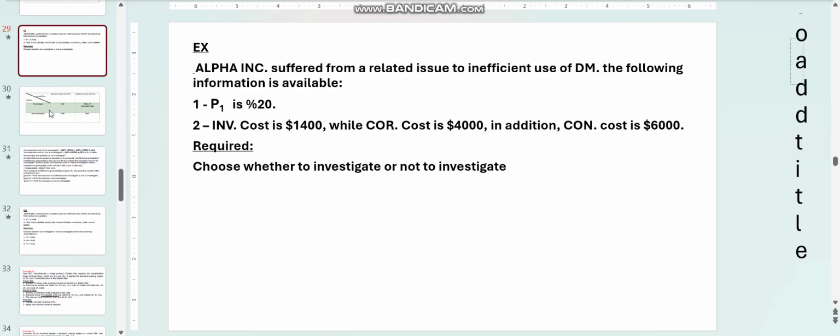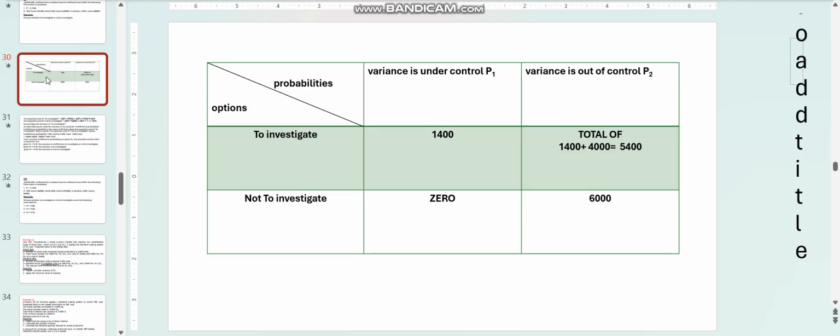Now let's see. First, you should prepare the matrix or the table of the decision. So, as previously stated, if you decide to investigate while variance is under control, you will afford only investigation cost given as 1400.